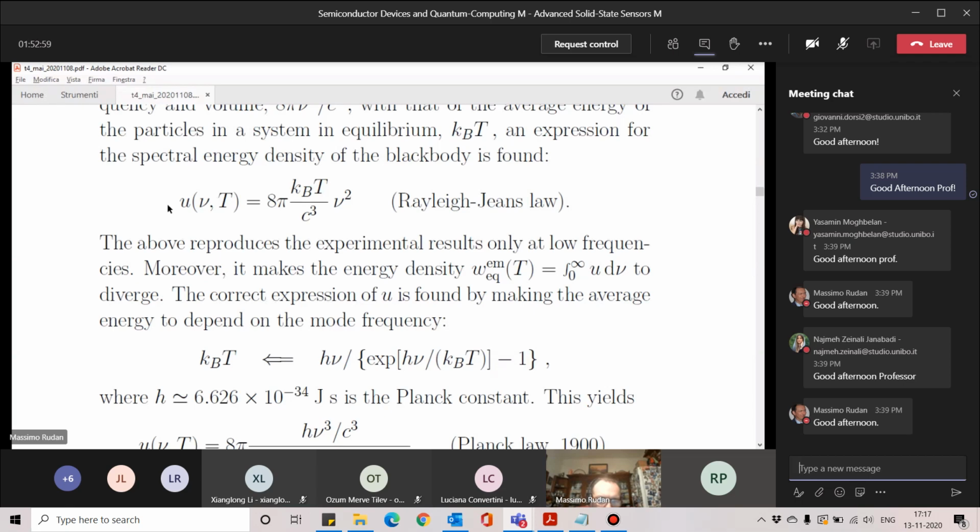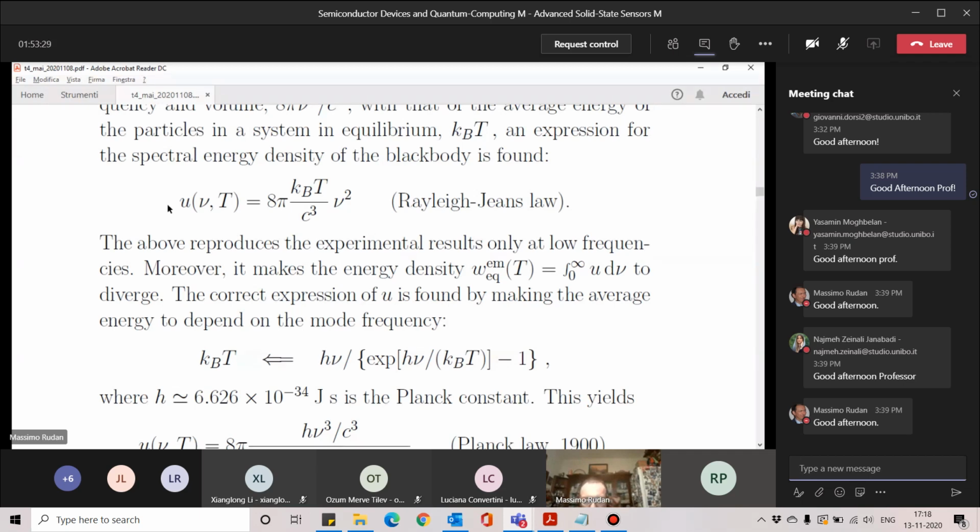So the idea was, let's leave the electromagnetic part untouched. So the density of the modes will still be 8 pi nu squared over c cubed. And let's change the average energy of the modes, and by heuristic considerations, Planck was able to find the correct result, okay?